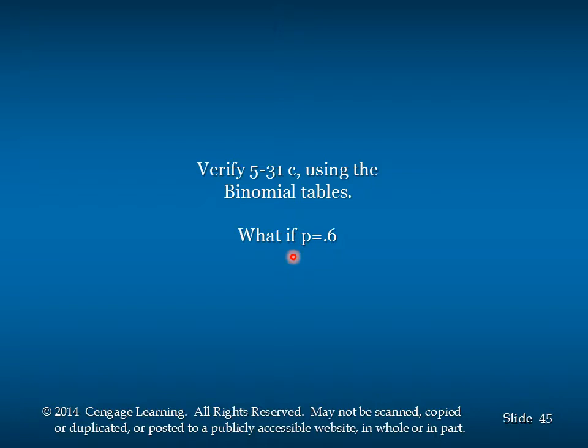Now, if you ran that at 0.6, you would get another value, right? Everybody, what value would you get if you ran it at 0.6? Yeah, 0.16, right? So if you had a probability of success of 0.6, your overall probability would go down.